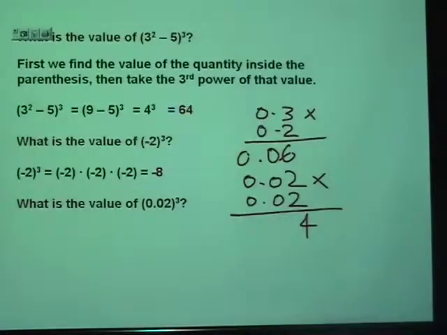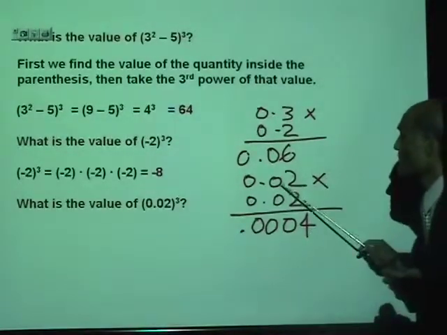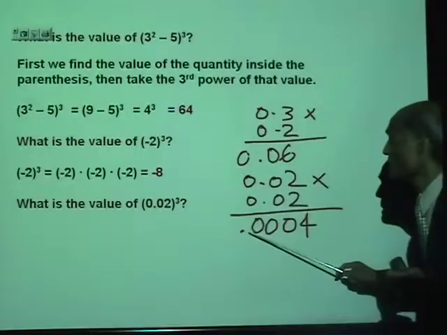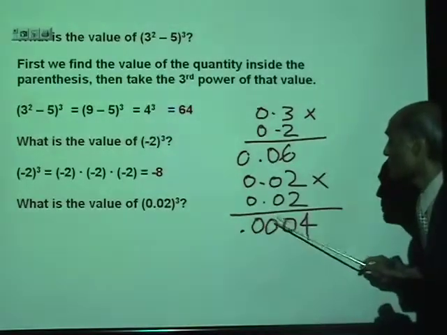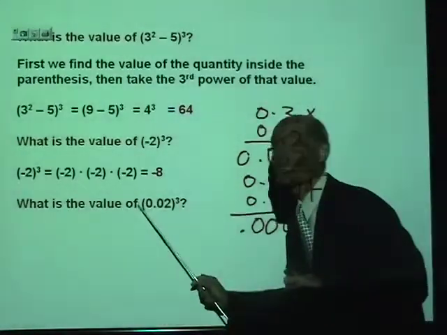So that will be a 0 to the left, another 0 to the left, another 0, and then the decimal. So you can see the answer now contains 4 decimal places. 0.02 multiplied by 0.02 is 0.0004.